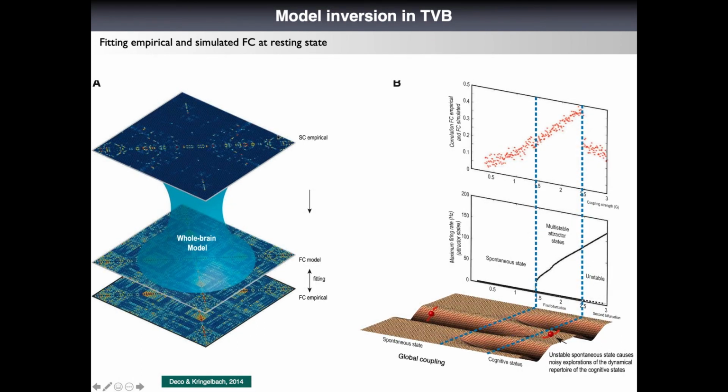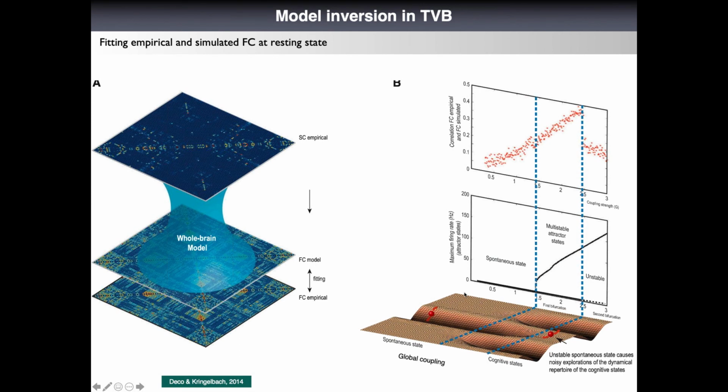And the idea was that we have the structural connectivity from magnetic resonance data, and we also have fMRI, and we can compute empirical functional connectivity as correlations between the nodes of the brain. The idea is now, how can we tune the brain model such that TVB generates a functional connectivity that looks like the empirical one?